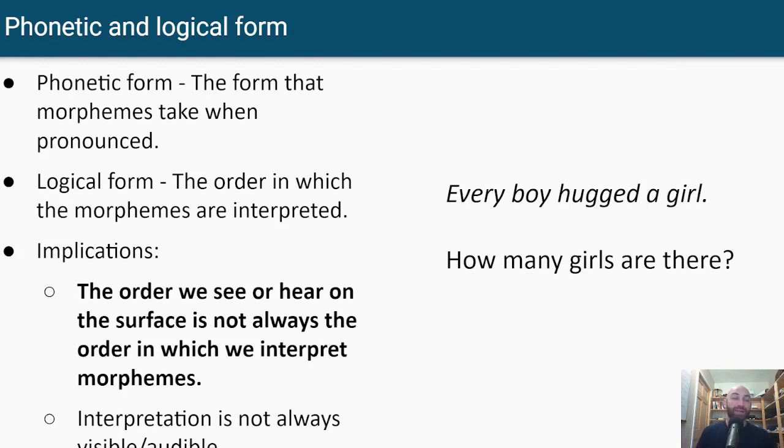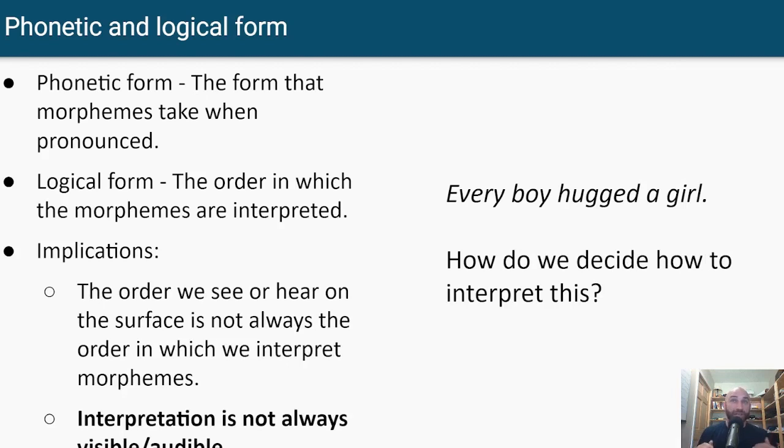So we have to, at some level, separate out these two ideas, that a sentence can be pronounced in a certain way and interpreted in a different way. So in other words, the order we see or hear on the surface is not always the order in which we interpret the morphemes. So interpretation is not equivalent to phonetic form. And interpretation, this also means, is not always visible or audible.